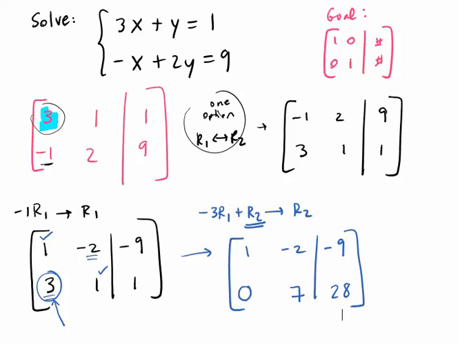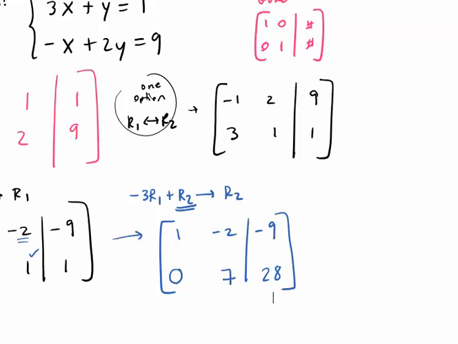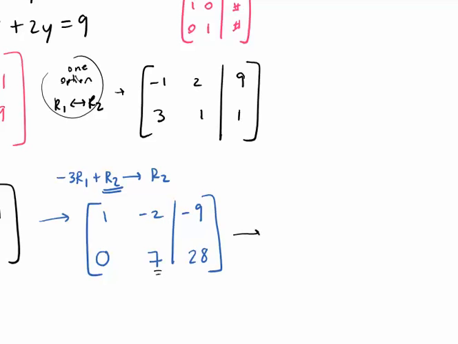Okay, so in doing that, we created a 0, but now we don't have a 1 here anymore. So let's get that back to a 1. Really easy fix: 1/7 times row 2 can replace row 2. So I'm just basically dividing all the elements by 7 or multiplying by 1/7.